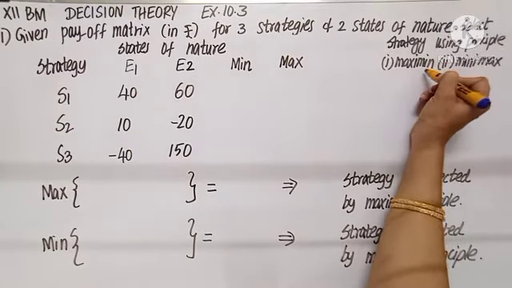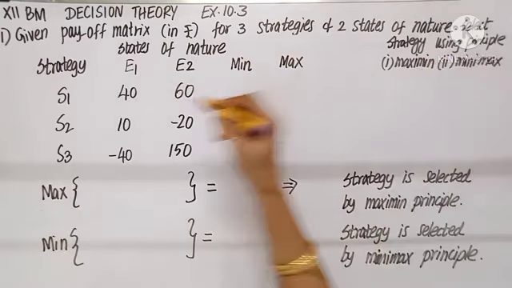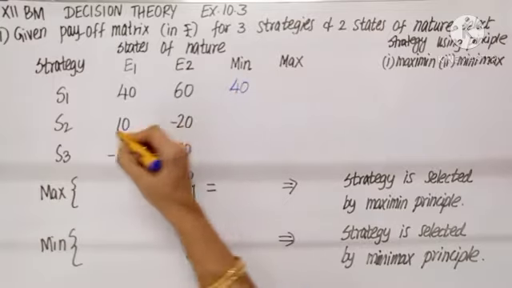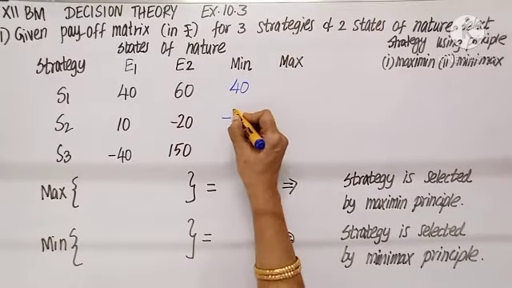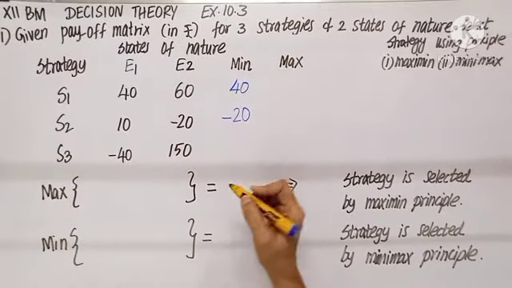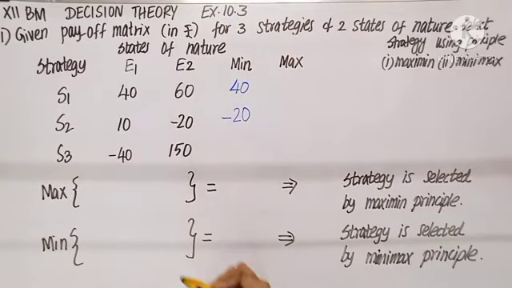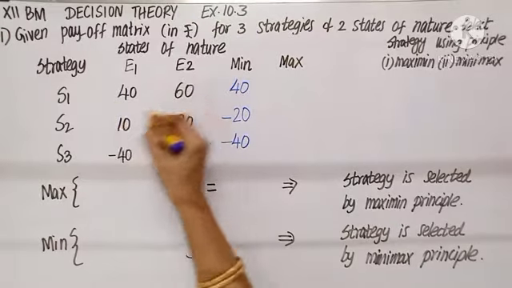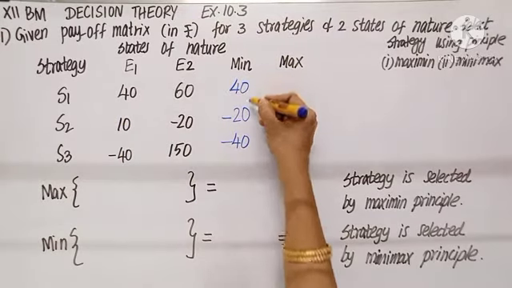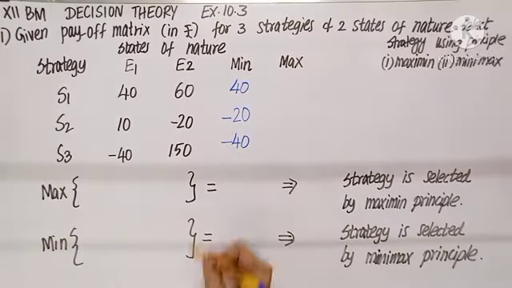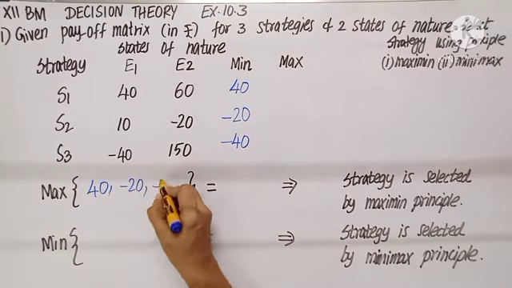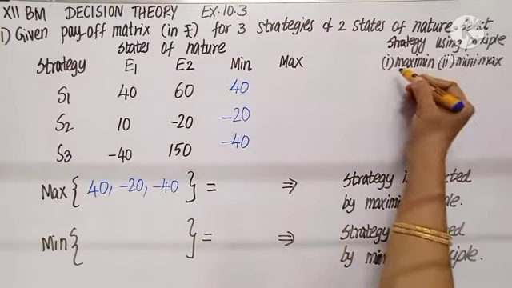First we choose the minimum. Minimum of 40 and 60 is 40. Minimum of 10 and minus 20 is minus 20. Minimum of minus 40 and 150 is minus 40. In each row, we have selected the minimum. Out of all these minimums, look at the principle, it is maximin.